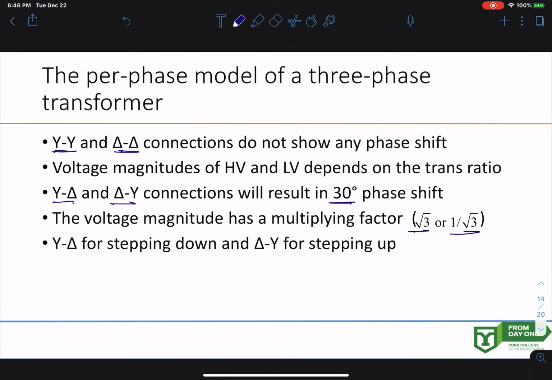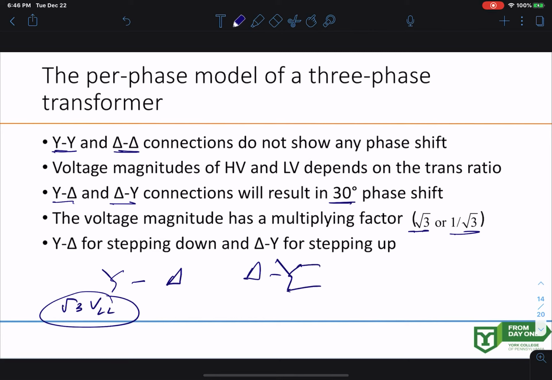Let's say if we have Y-delta connection over here, this one will have √3 times that one in line-to-line connection. This side is higher. And if you measure on the other side, it would be 1/√3 V. Let's say this is VAB over here, right? Because it's the face-to-face connection, this face is always connected to this face and so on.